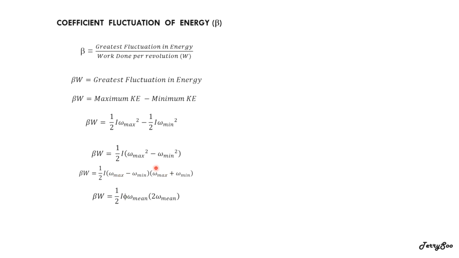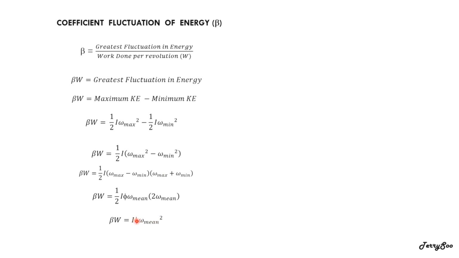So when you simplify this, you get beta W equal to I, which is the moment of inertia, phi, which we're going to define afterward, which is the coefficient of fluctuation of speed. Beta is the coefficient of fluctuation of energy, and phi is the coefficient of fluctuation of speed. And this would be your mean speed squared.